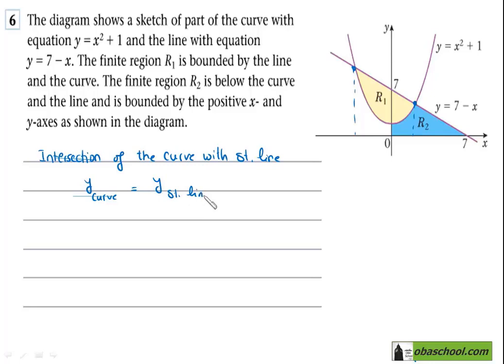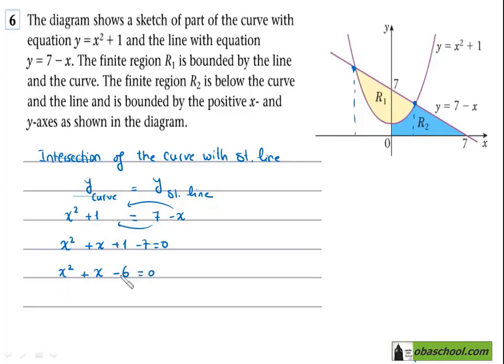The equation of the curve is x squared plus 1 equals the equation of the straight line, which is 7 minus x. Let's organize the equation. x squared plus x plus 1 minus 7 equals 0. x squared plus x minus 6, because we have plus 1 minus 7, equals 0.